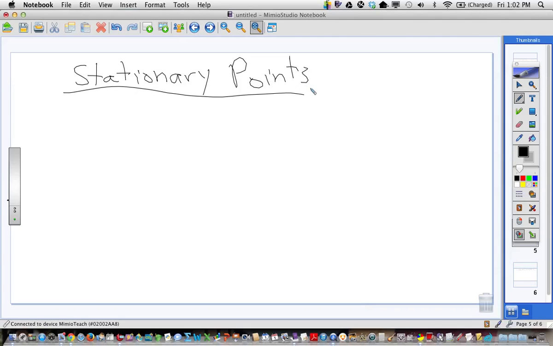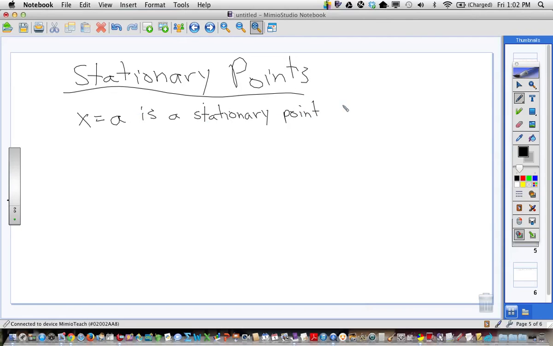Now, x equals a is a stationary point. So in other words, it's the x coordinate we're talking about, right? When we talk about a stationary point, we're talking about the x value.